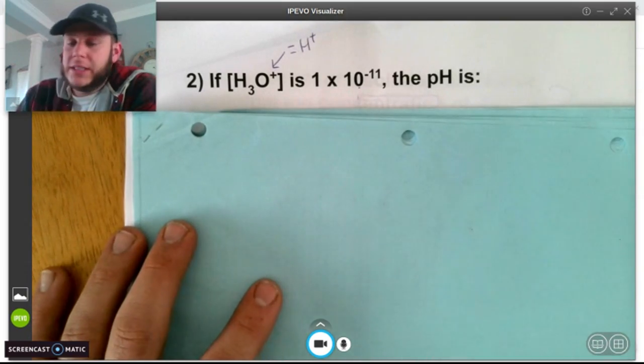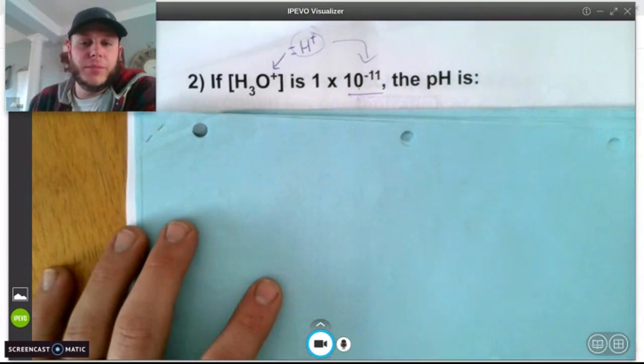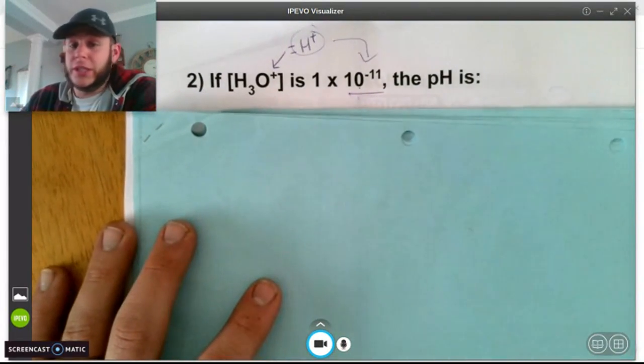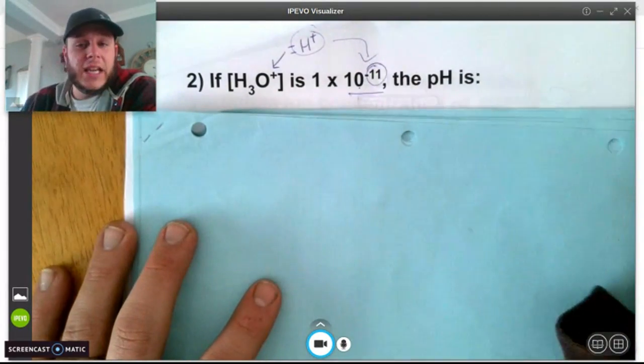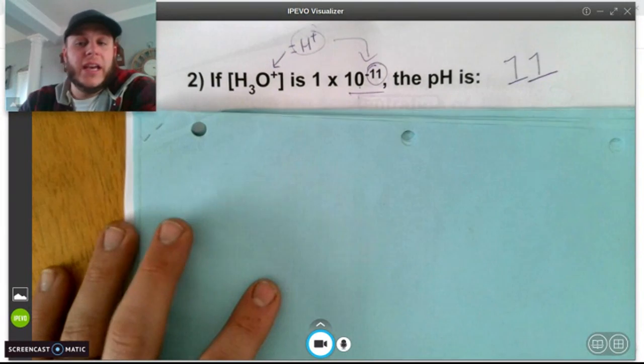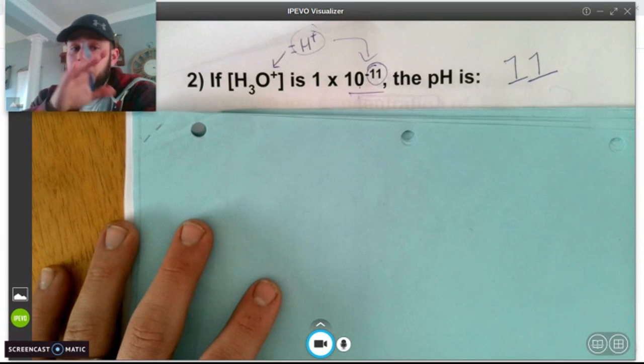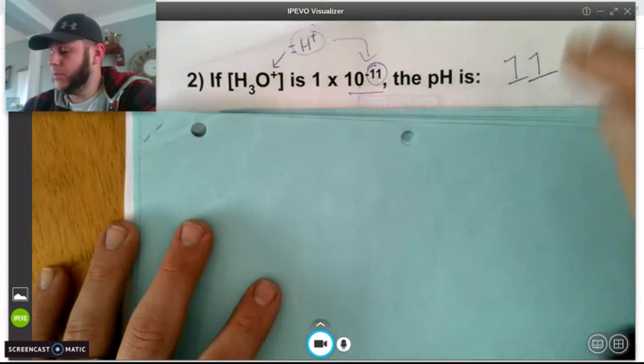If the H3O plus concentration is 10 to the minus 11, then the H plus concentration is 10 to the minus 11. And using the little trick that I just taught you, the negative exponent is the pH. So it's 11. Very simple. Take the exponent, make it positive, that's the pH.